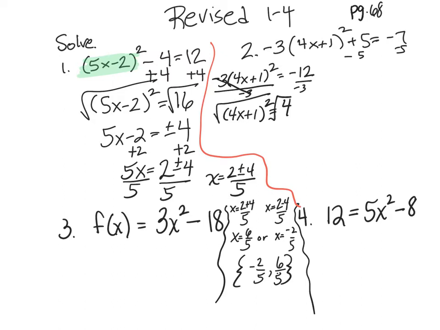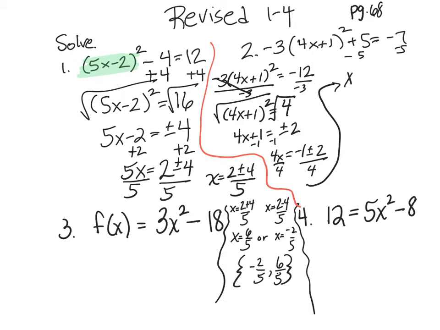Take the square root of both sides. 4x plus 1 equals plus or minus 2. Subtract 1 from both sides, so 4x will equal negative 1 plus or minus 2. Divide by 4. X will equal negative 1 plus or minus 2 divided by 4.